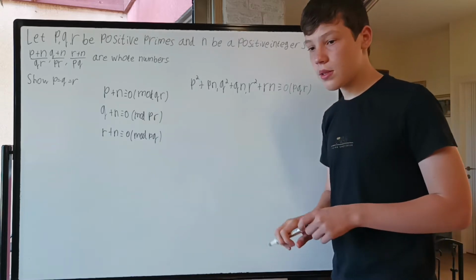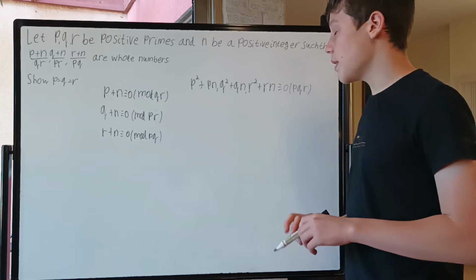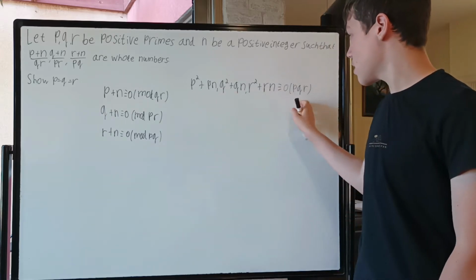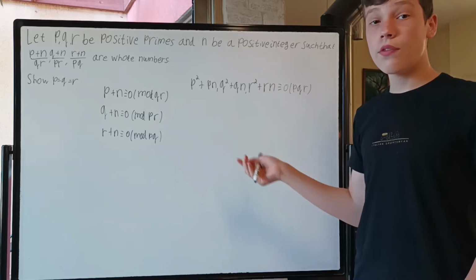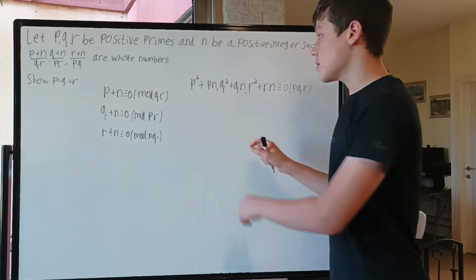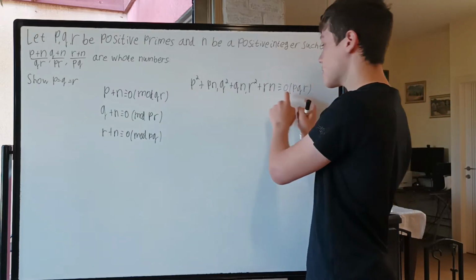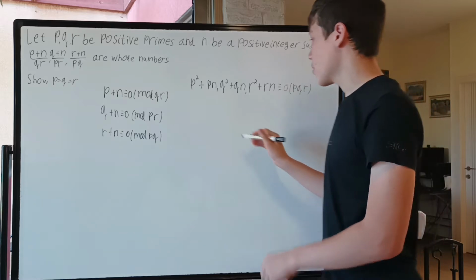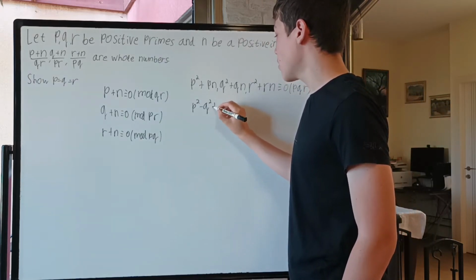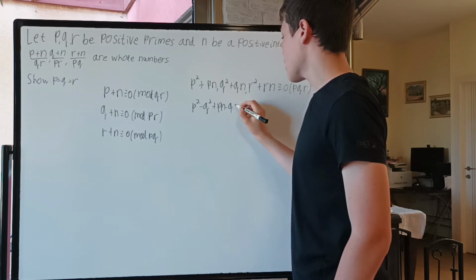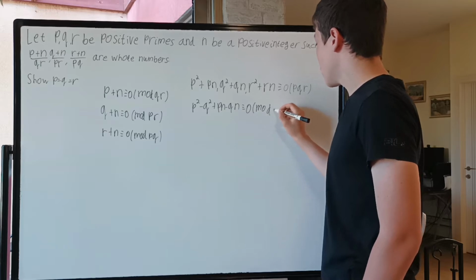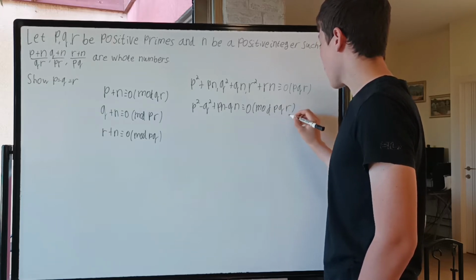So now we know that if two numbers are 0 mod the same number, then their difference is also obviously 0 mod that number. So if I do this minus this, it will still be 0 mod PQR. So I get P squared minus Q squared plus PN minus QN is congruent to 0 mod PQR.